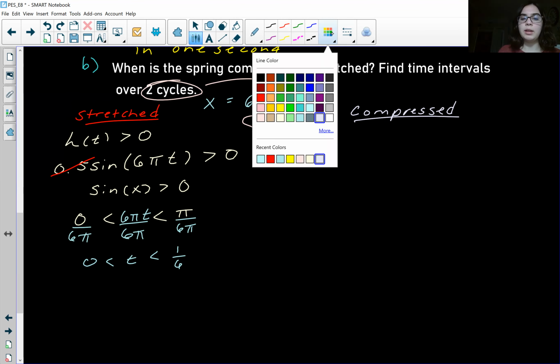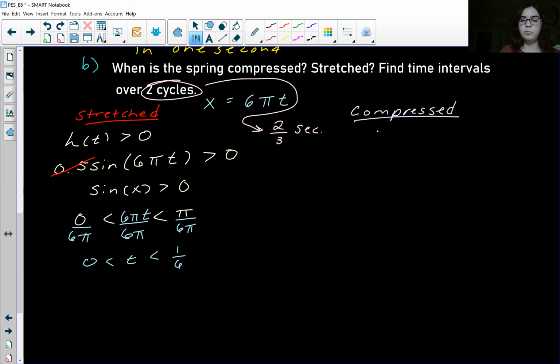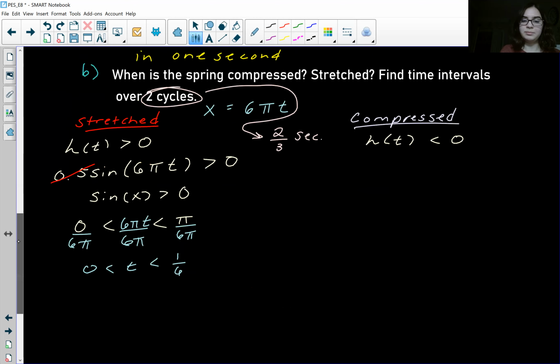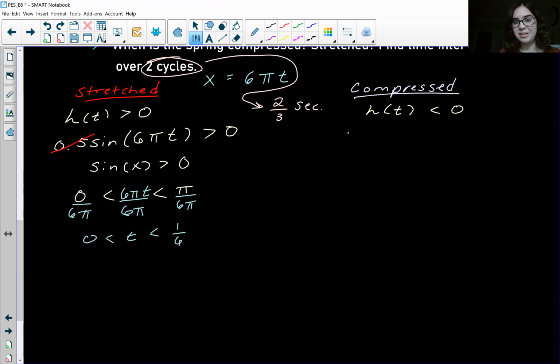So let's go ahead and work with compressed as well. It's going to be the exact same process, except the function is less than 0 now. I think that's what it said. Yeah. Be kind of bad if it didn't say that. And we're going to rewrite the function here.